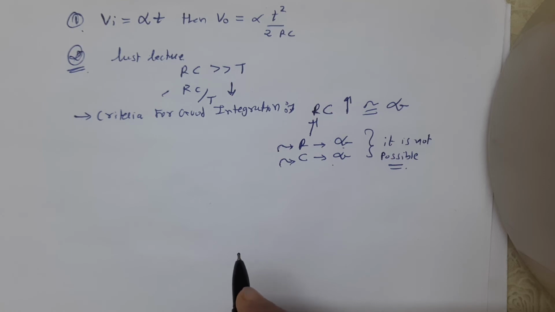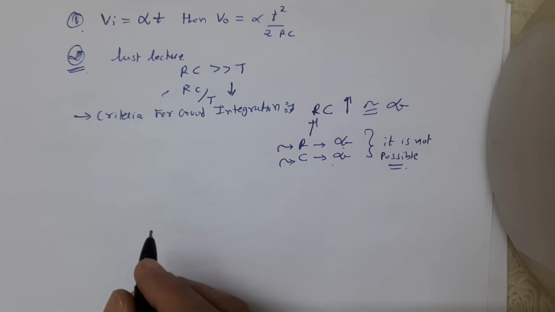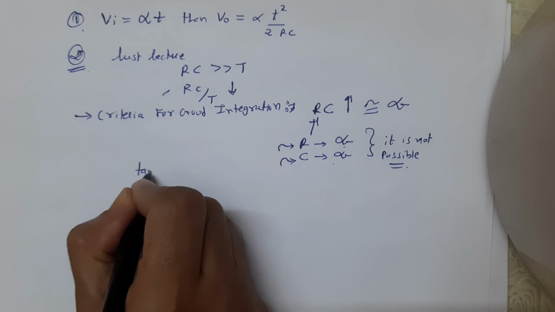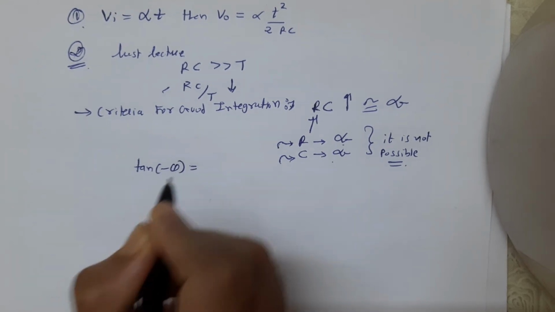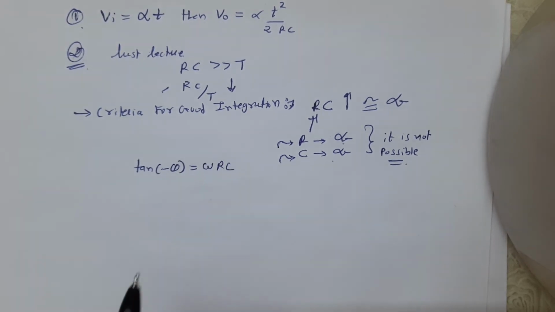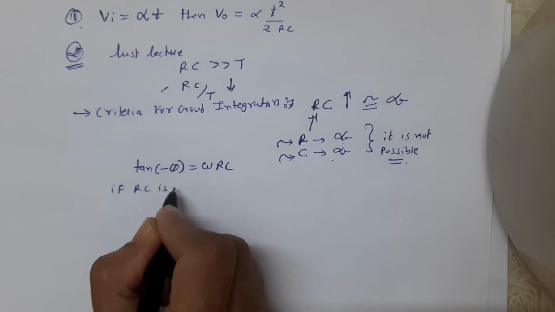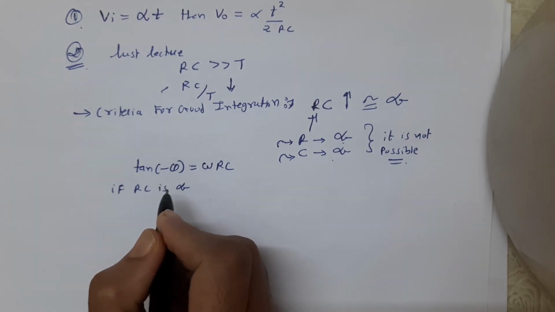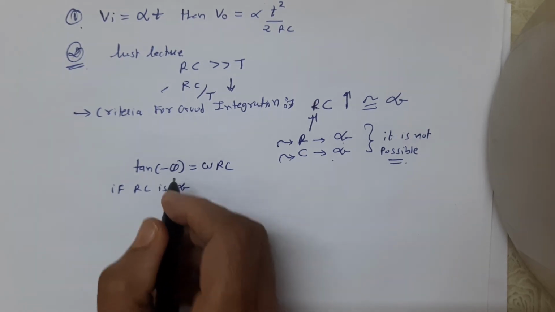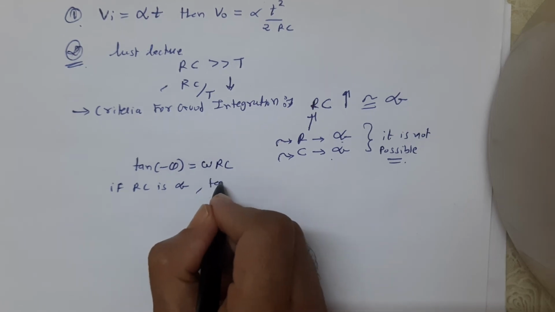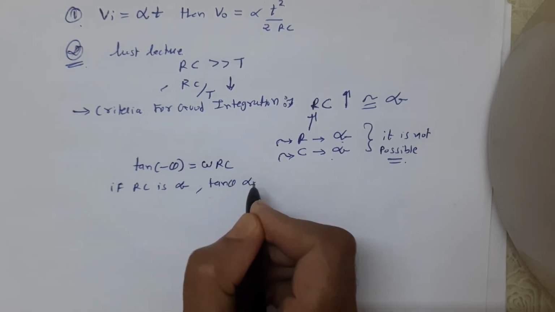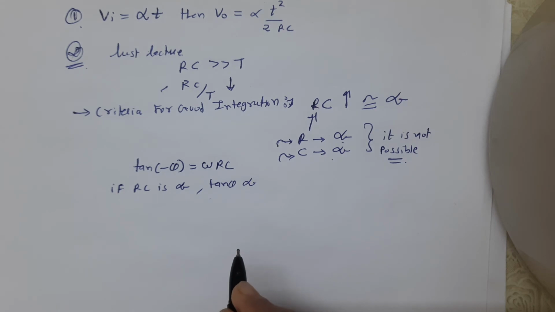But from the case of sinusoidal input, we observe that tan of minus theta is equal to omega RC. So if RC is infinite, then tan theta should be infinite.